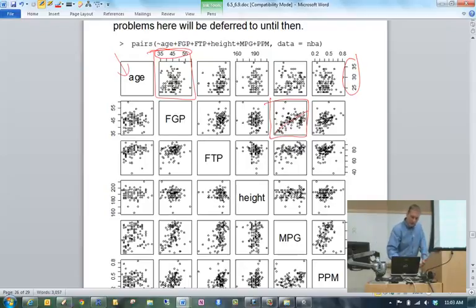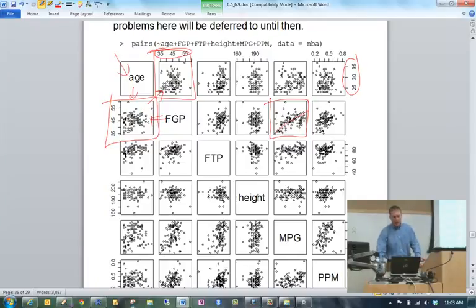Now, the other side of this diagonal is just a mirror image of what we saw before. So now we have field goal percentage as the y-axis and age as the x-axis. It gives you the same information, just a mirror image.